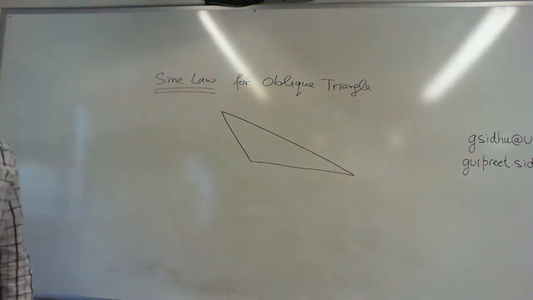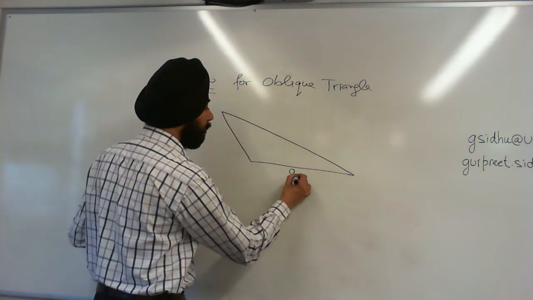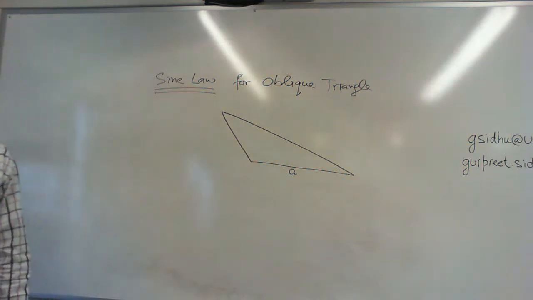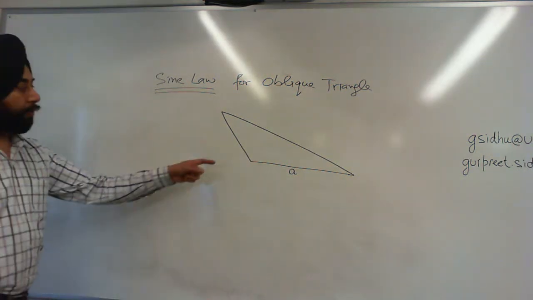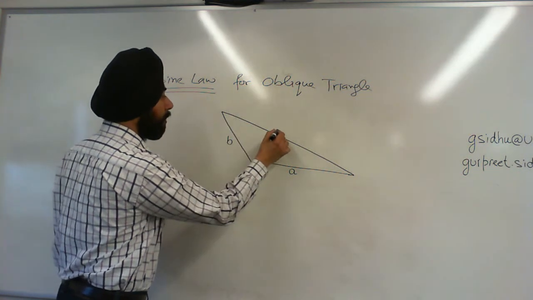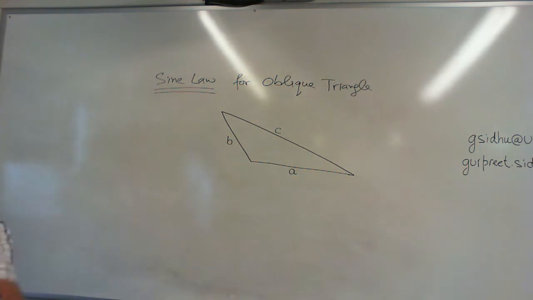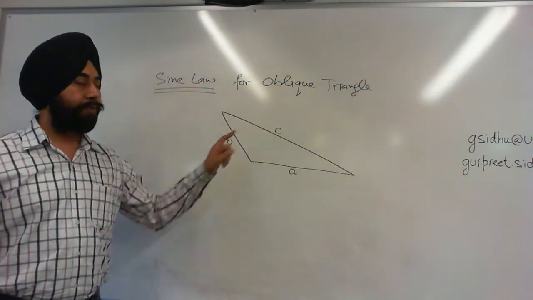Okay, you first need to label the sides. Let's say that this base is a, the length of this side is b, and the length of the longest side is c.